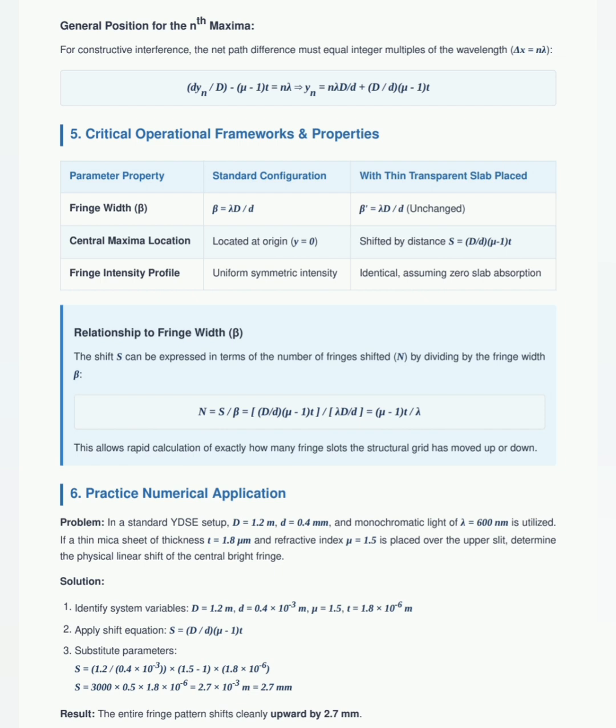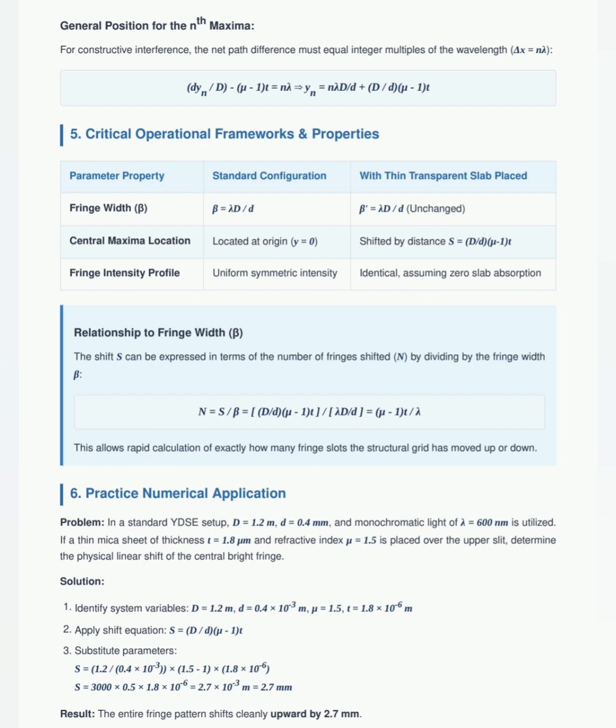Now let's see a small numerical application. In a standard YDSE setup, capital D is 1.2 meter, small d, the distance between two slits, is 0.4 millimeter, and a monochromatic wavelength lambda of 600 nanometer is utilized.